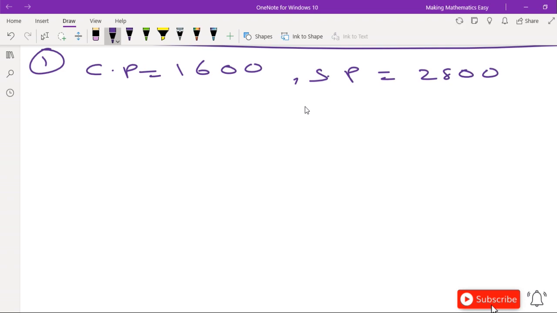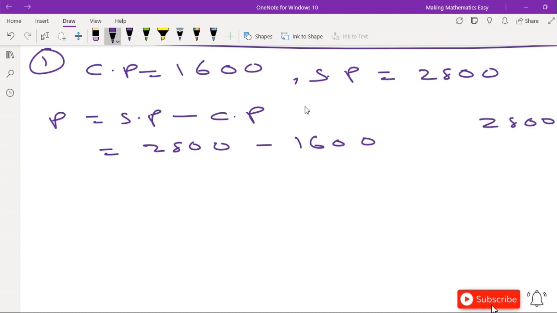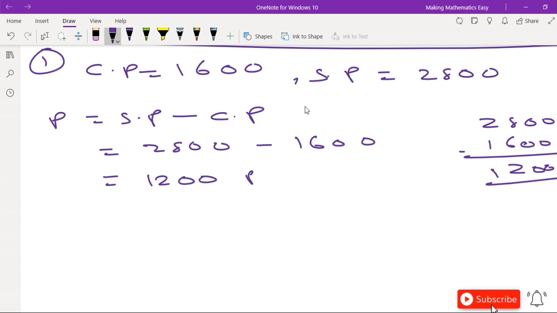So first we need to find out profit, for which the formula is selling price minus cost price. So this is 2800 minus 1600. If you deduct 28 minus 16, that will be 1200. So in this case we have a profit of 1200 rupees.